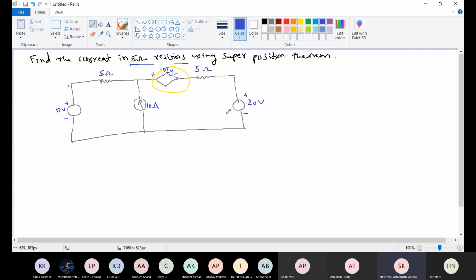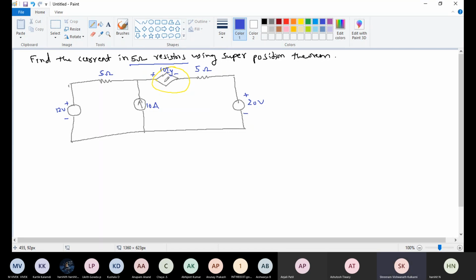Independent sources are drawn by a circle, with polarity plus or minus outside the circle or inside the circle.